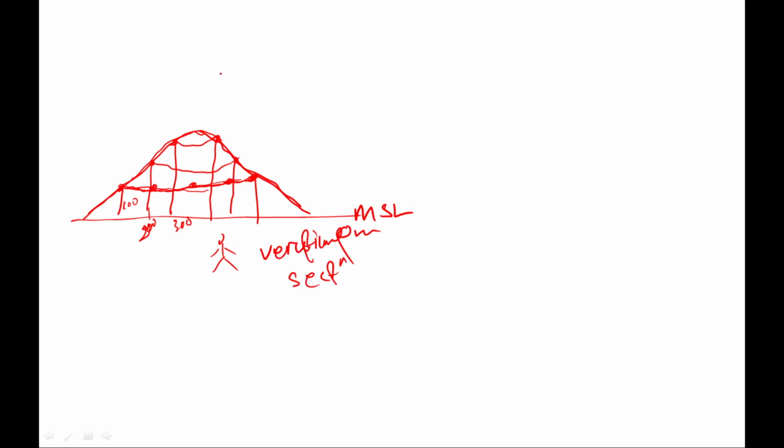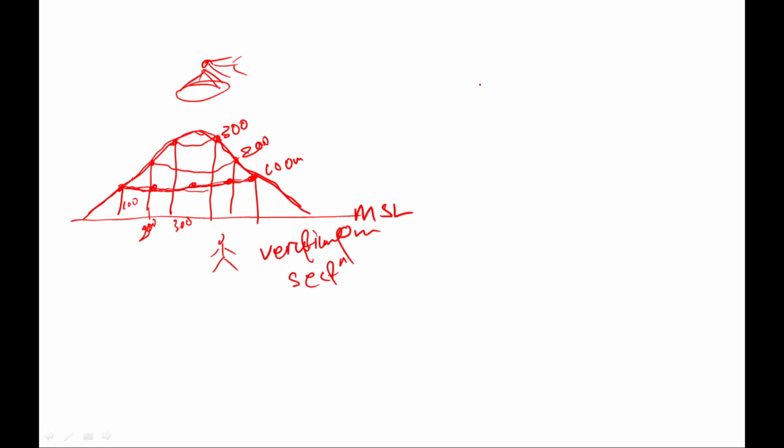If you are going to see the map, you have to go above. Suppose you are in a flight and you are watching from above, your field of view is like this. So how will it appear? It will appear like this: your 300-meter contour, 200, and 100 meters.